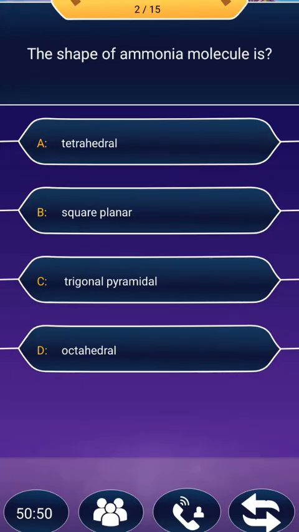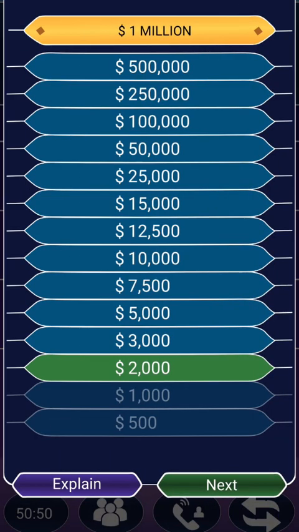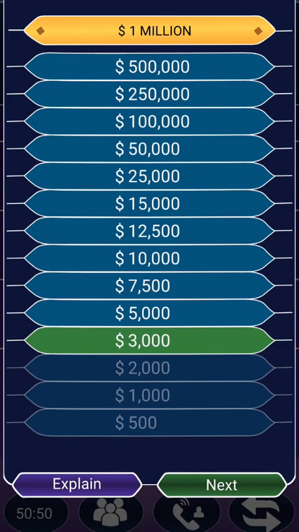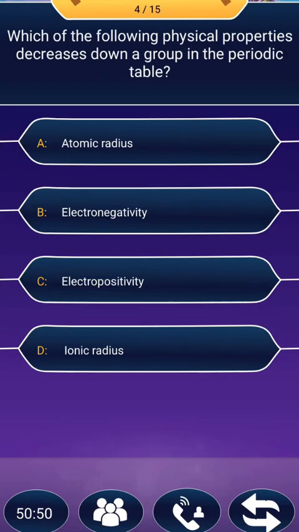Wow. I've just earned $1,000. Next. The shape of ammonium molecule is trigonal pyramidal. Ooh, $2,000. Wow. Next, the number of electrons in the valence shell of an element of atomic number 14 is what? 4. $3,000. Wow, I'm too good. Next, which physical property decreases down the periodic table?